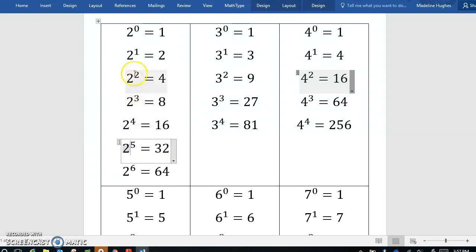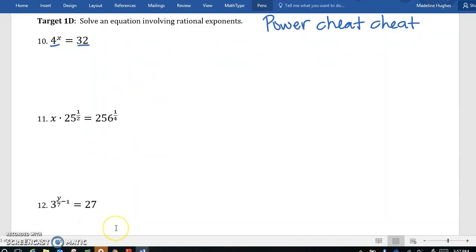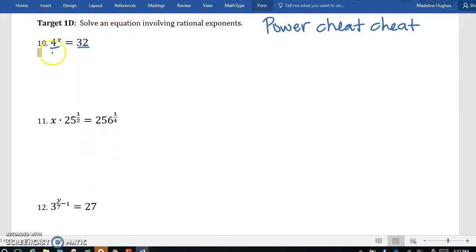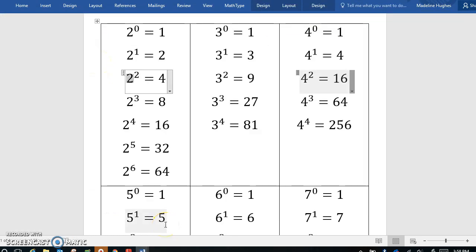So I'm going to change these into bases of 2. Back over here, I'm going to write the 4 as 2 to the second power, like from our cheat sheet, and we still have that x in the exponent. Equal to the 32, which on our cheat sheet was 2 to the 5th power.